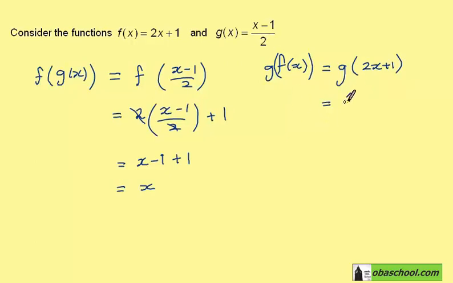So we have 2x plus 1, then we take 1 away from it, and then divide by 2. So that's 2x divided by 2, which is x. So we took x, put it into f, put the result of that into g, and we got x back, just as we did when we did it the other way around.